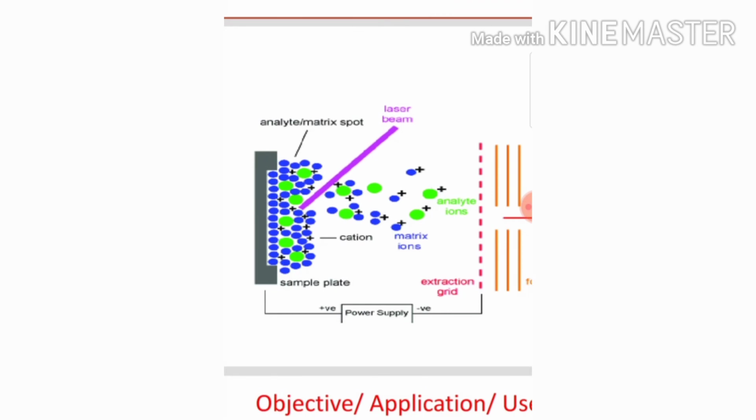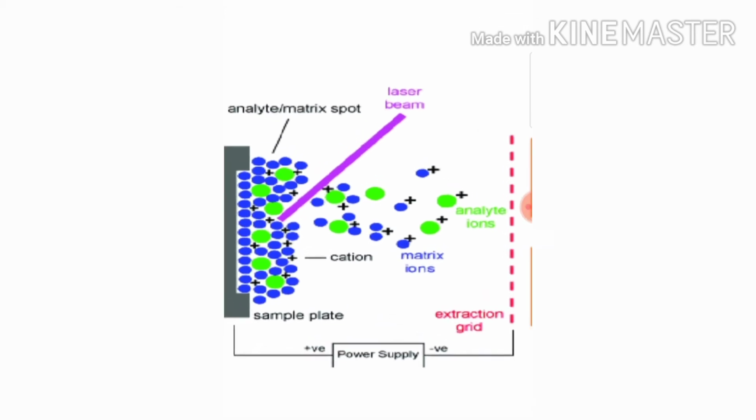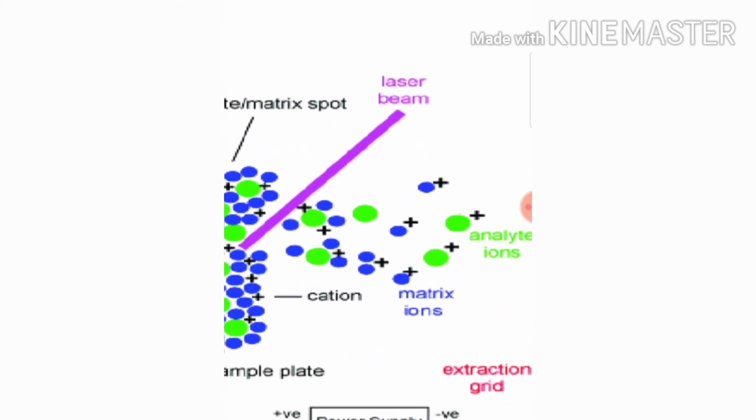This diagram is related to how the preparation of the sample occurs. For preparation of the sample, first we need a matrix, a solid surface on which we put the liquid form of the sample. Then we pass the condensed liquid form of the sample on the matrix, and then we pass the laser beam, which is monochromatic in nature.